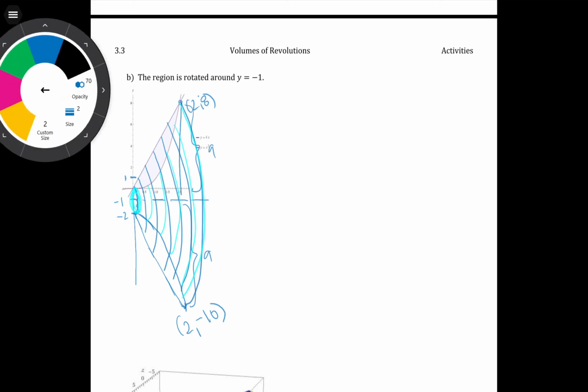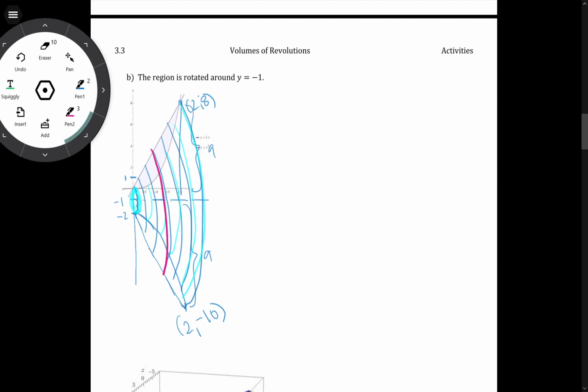So when we make our slice, it's going to be vertical. And it's definitely a washer. And its width is a delta x.